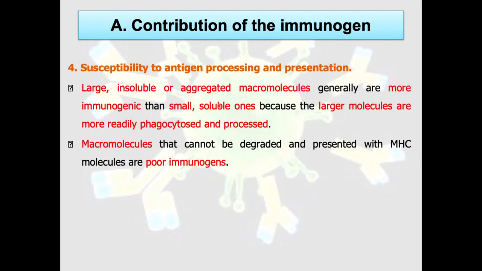But when you stir the mixture, the sugar is soluble, so now you cannot see the molecules of the sugar floating around. It's very difficult to recognize a soluble sugar. So the same analogy applies to phagocytosis.